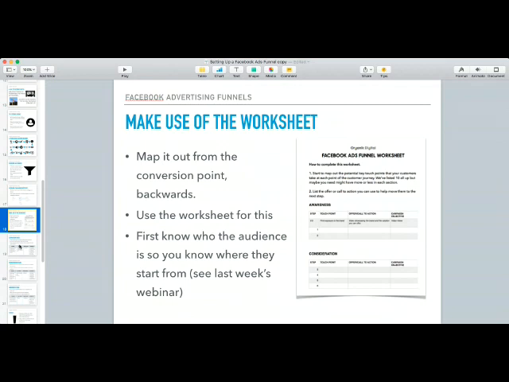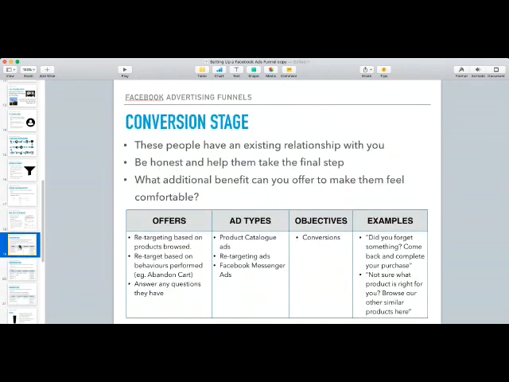That spoke about who it is you're trying to target and how you can find the people you want to target. So if you want to go back and watch that webinar and complete the audience worksheet there, then at least you know who you're going to target. Then you can go through this Facebook ads funnel worksheet now.